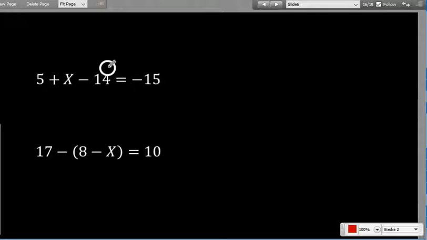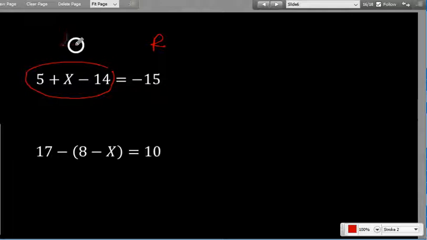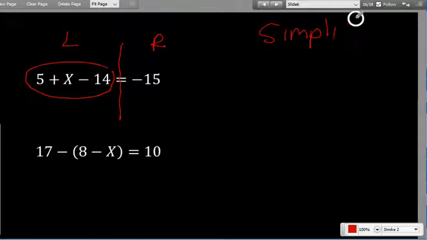On the left side of our equation, okay, so this is our right side and this is our left side. Okay, on the left side of our equation, we have some terms that are like terms that we can combine, and we always want to do that first. Okay, so remember, when you're solving an equation, if there is something that can be simplified, you take care of that first.